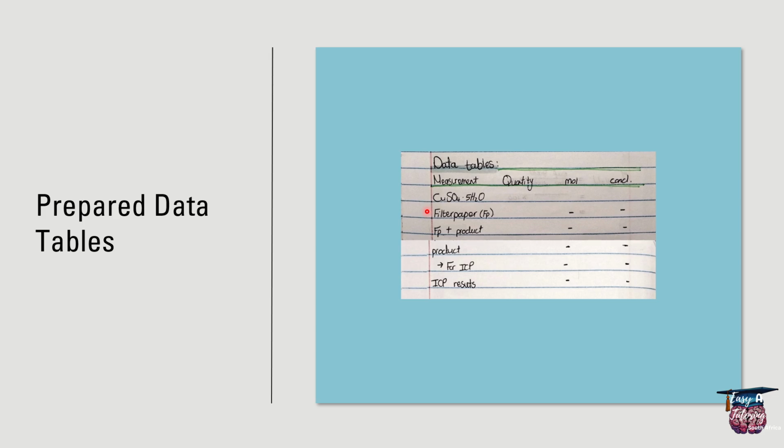Other things that can also be added in place of the filter paper is sometimes you will leave your product to form in a beaker, and then you would need to know what the beaker mass was before you added your solution or whatever in there to form your product. And sometimes it can also be something like a pear flask. So it's important to write this down so that you can accurately know what the mass of your product is to go and do accurate calculations afterwards.